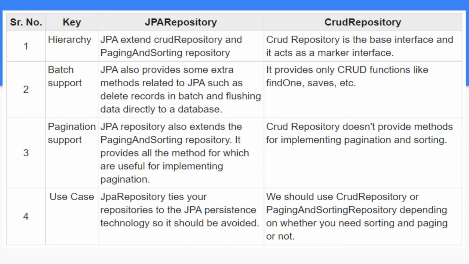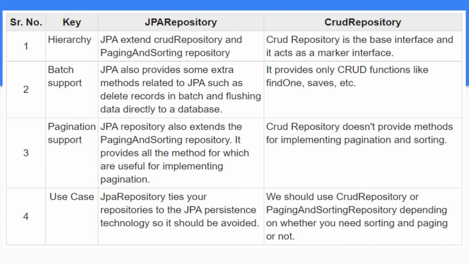Hierarchy-wise, JpaRepository extends CrudRepository and PagingAndSortingRepository. CrudRepository is the base interface and it acts as a marker interface. Batch support: JPA also provides extra methods related to JPA such as deleting records in batch and flushing data directly to the database.